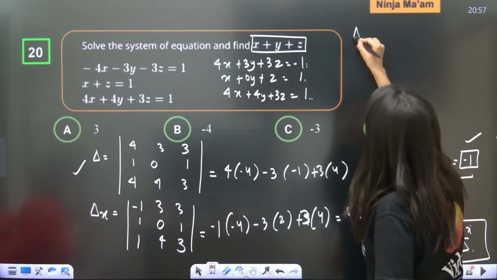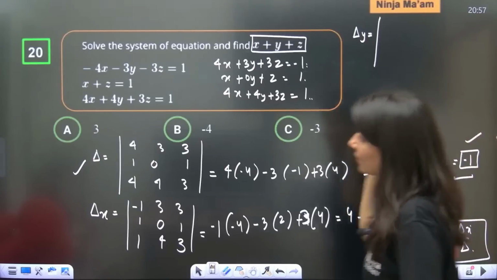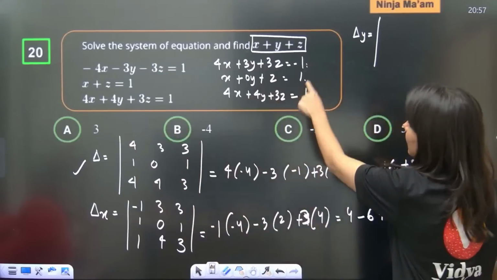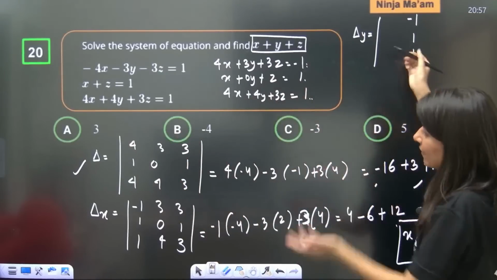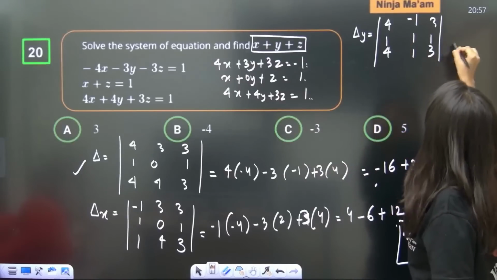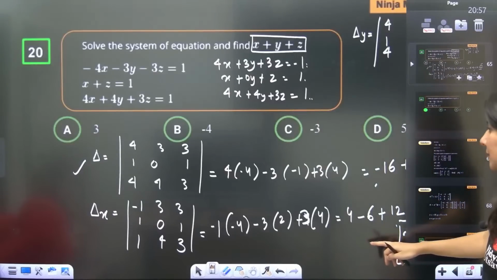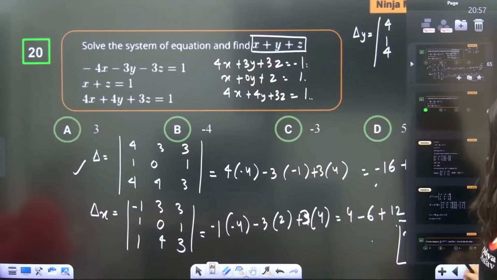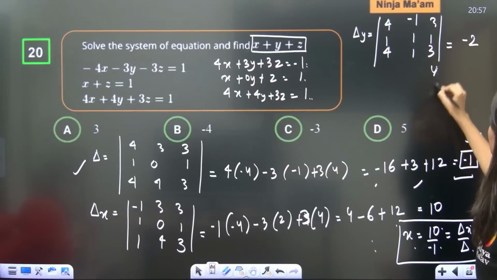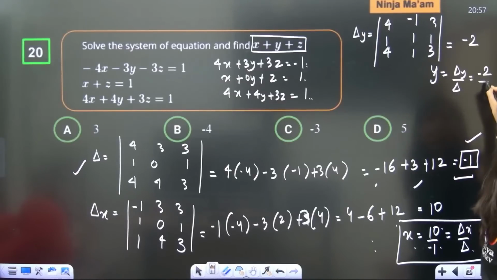Similarly, you have to calculate del y. Del y will be, so in this, replace the middle column by minus 1, 1, 1, rest everything will be the same, 4, 1, 4, 3, 1, 3. Let me just check. So del y will be equal to minus 2. So y will be del y upon del, minus 2 upon minus 1.